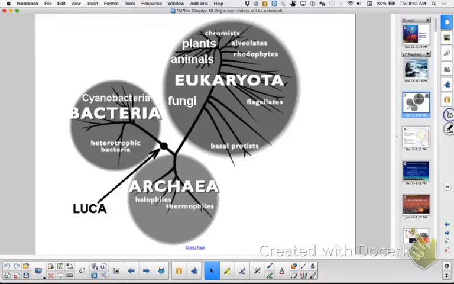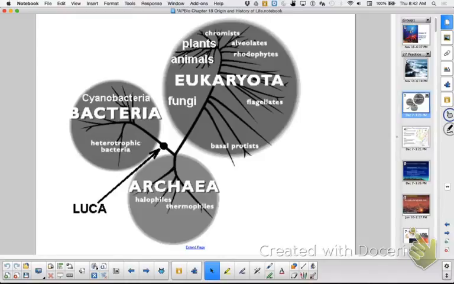Luca is the last universal common ancestor. I would like the oldest bio buddy to explain why Luca is in this spot and look at what surrounds it. You should already be comfortable. Go ahead, oldest bio buddy. Because they're eukaryotes.